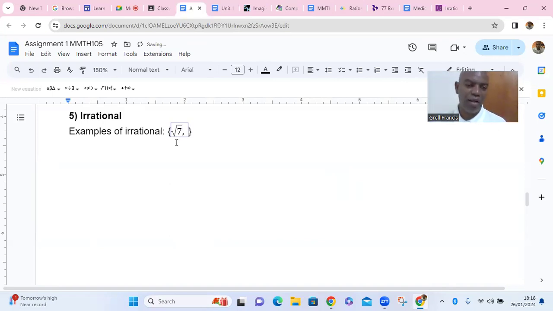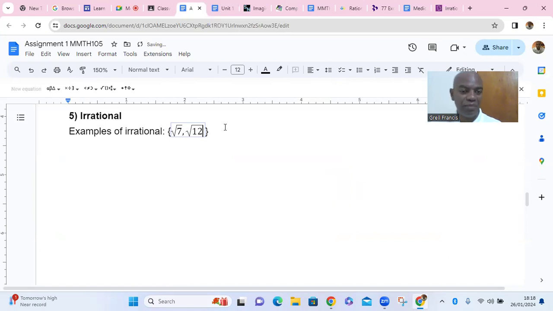Most of them are odd numbers, but you have some square odd numbers. The square root of 9 is not an irrational number. Okay, you have the square root of 12, because 12 is not a square number. So if the number is not a square number, when you square root it, you'll get an irrational number.